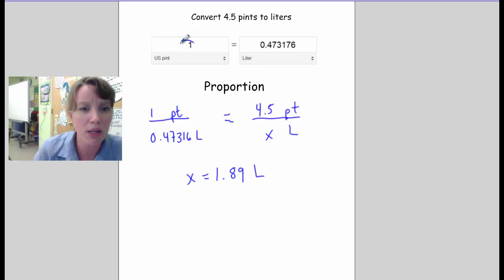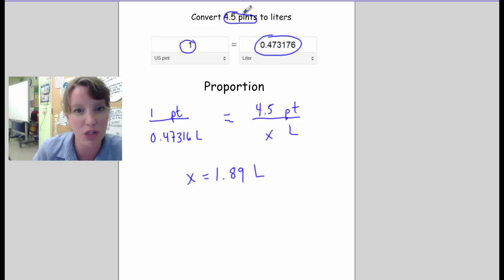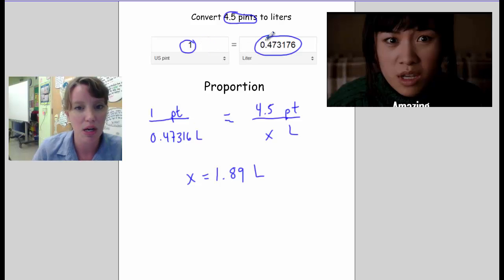So 1 pint is less than a half of a liter. So if I have 4.5 pints, we're going to assume that in liters it's going to be less than 2.25, which is half of 4.5. So that's roughly 1.89, which is less than 2.25, and that's because there's less than a half of a liter in 1 pint.